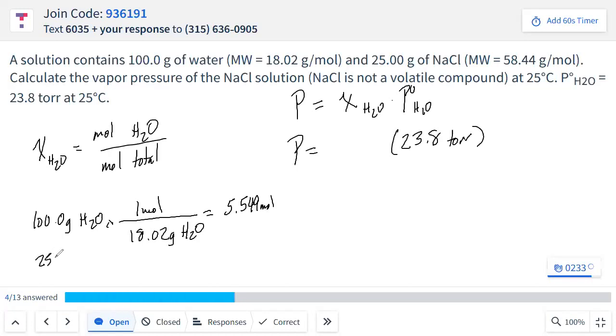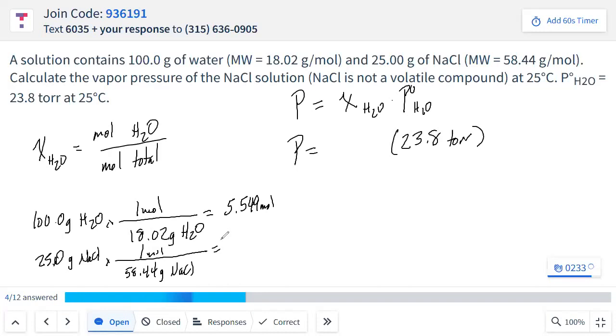And the 25.0 grams of sodium chloride, the molar mass of that is 58.44 grams of sodium chloride in 1 mole.